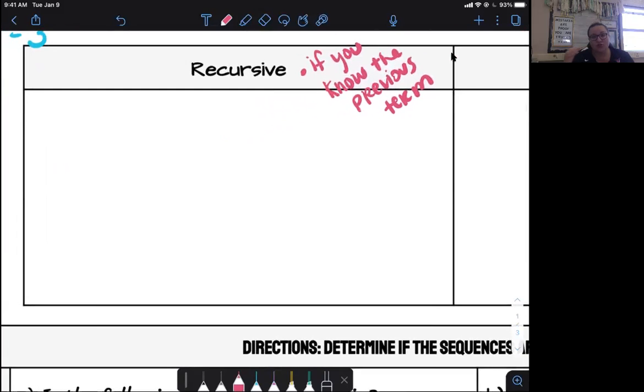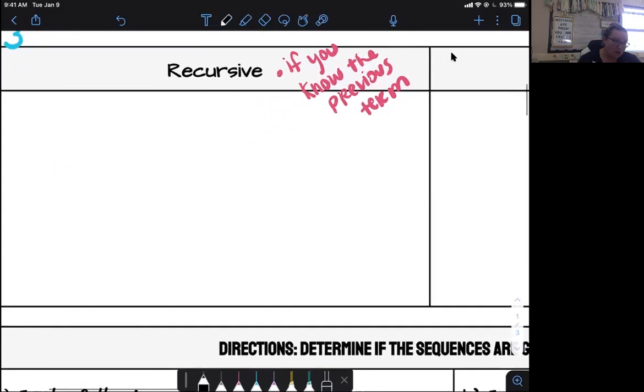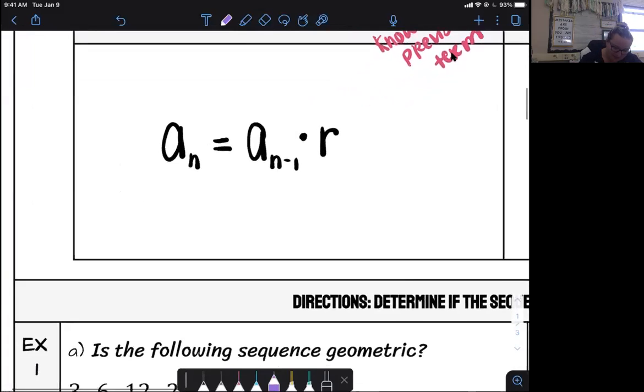So the geometric recursive formula looks like this. A sub n, so your new term, is equal to the previous term times your common ratio. So remember that, just a couple notes here.